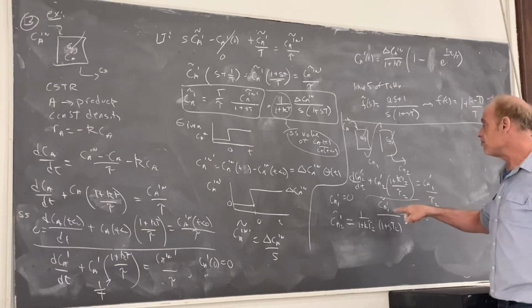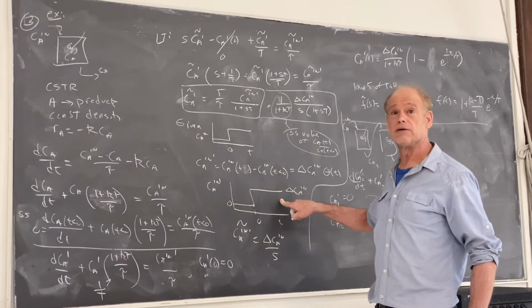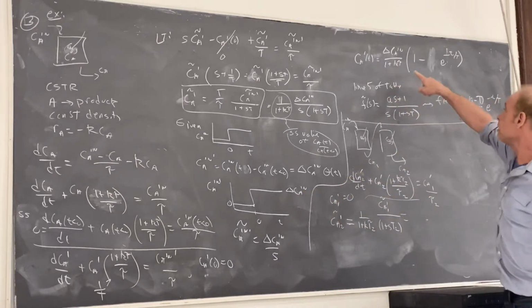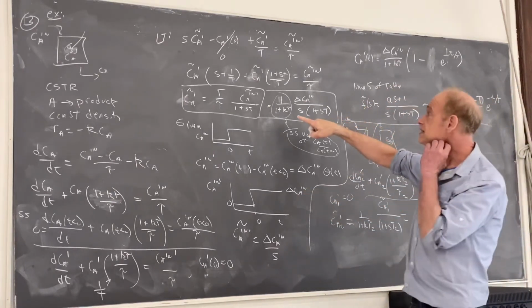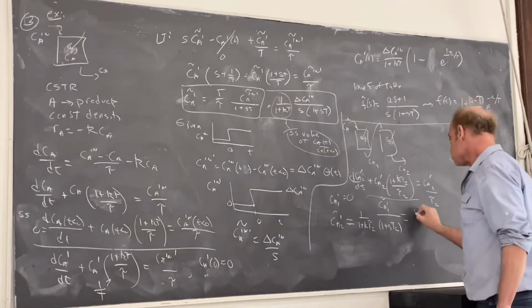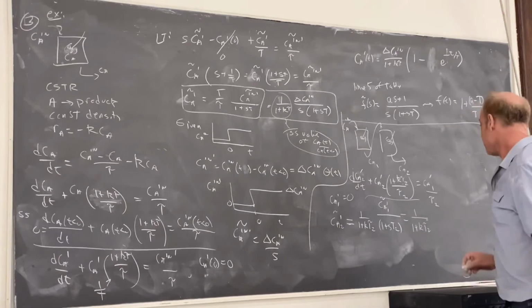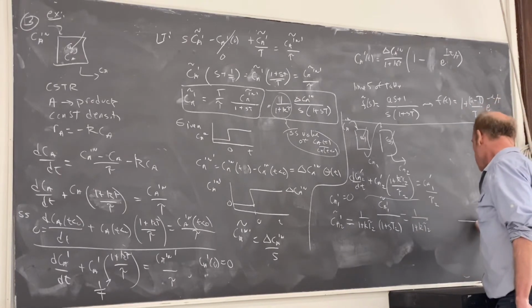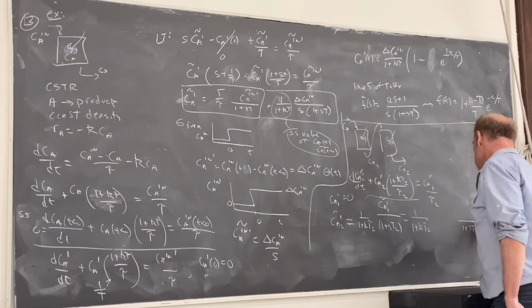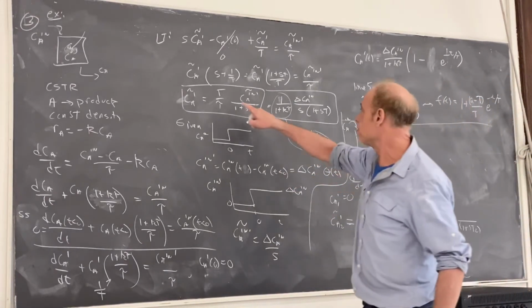But now, instead of CA1 prime tilde being just a Heaviside function, I take it from here. I know what CA1 prime tilde is. CA1 prime tilde is just this. So this is equal to 1 over 1 plus k tau 2, times 1 over 1 plus sT2. And now I have CA1 prime tilde. Let's copy it from here.